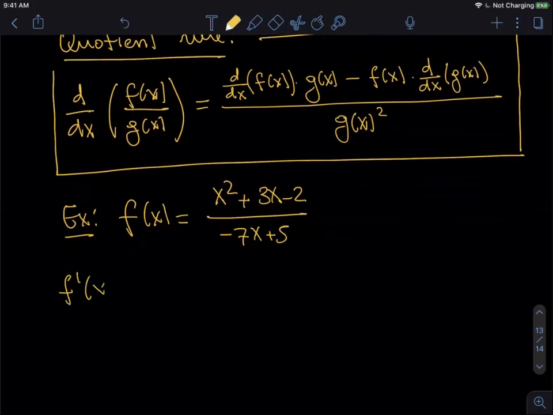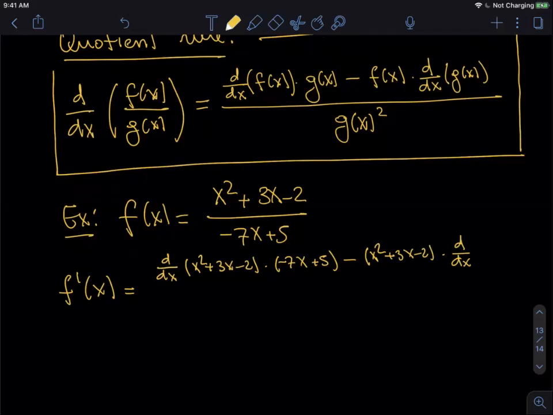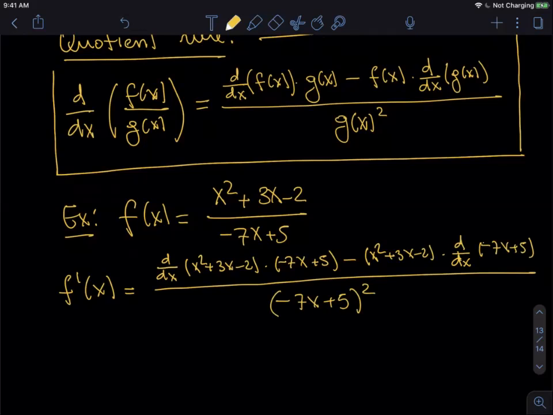So to compute f prime of x, I need to compute d/dx of (x squared plus 3x minus 2) times (negative 7x plus 5) minus (x squared plus 3x minus 2) times d/dx of (negative 7x plus 5), divided by (negative 7x plus 5) squared.